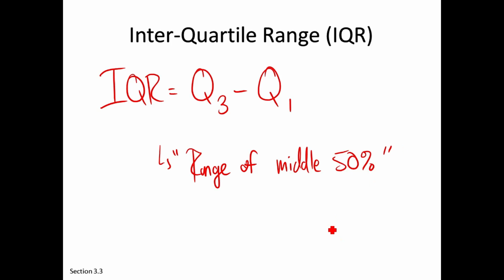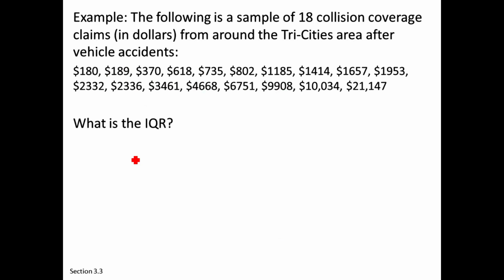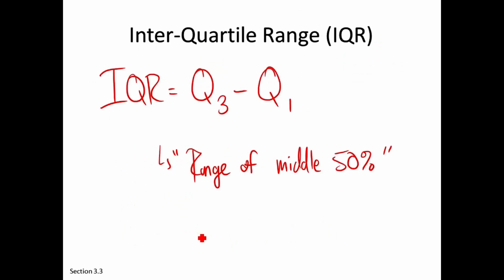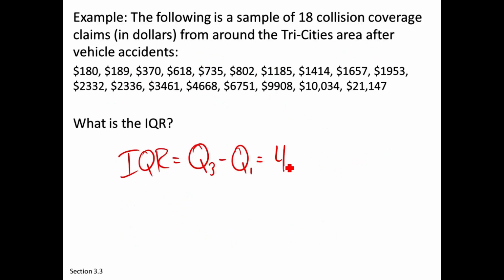For the data we just did, the IQR would be, what was our Q3? 4668. So Q3 is 4668, and Q1 is 735. You just do the subtraction. 4668 minus 735, and what do you get? 3,933. Yeah.